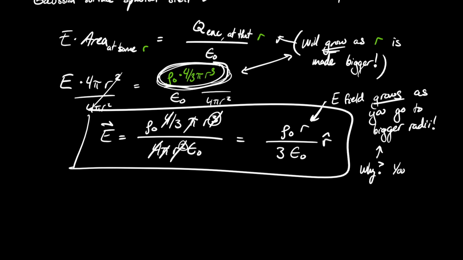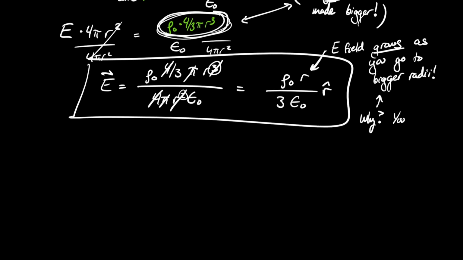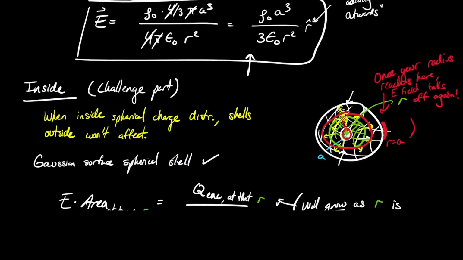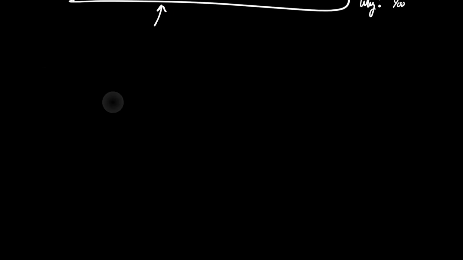Now, one final comment before I wrap up this video. I might choose to tack on more examples or maybe do them in a later video because they're really important to cover. One final note is that each of these cases, so we have one answer for inside the sphere, one answer for outside the sphere, the remark is that each expression is only valid in a specific radius range.